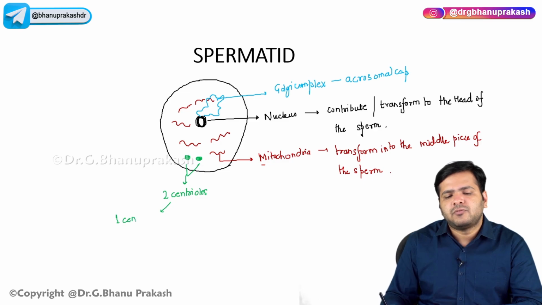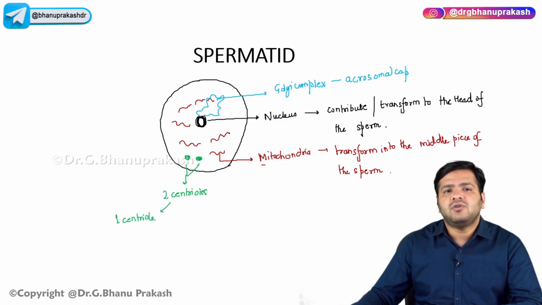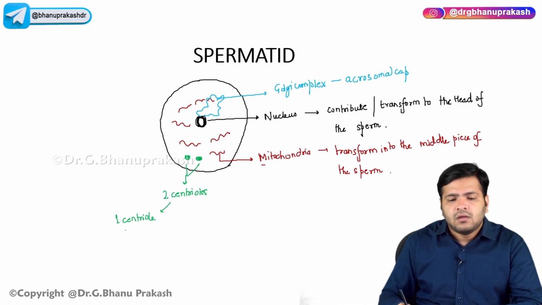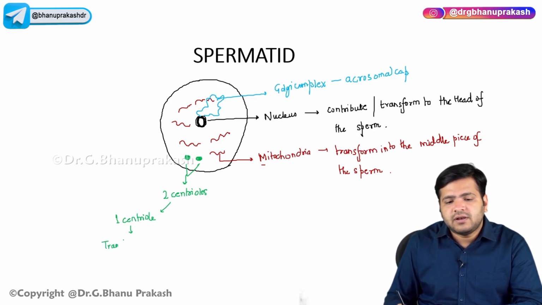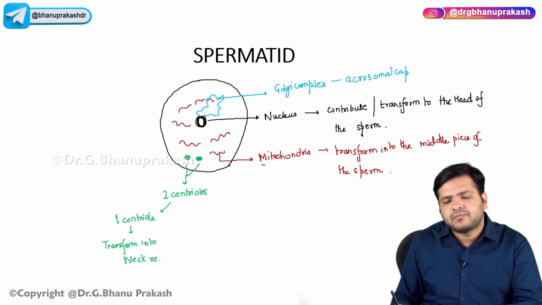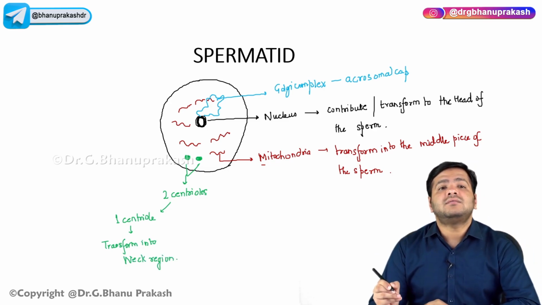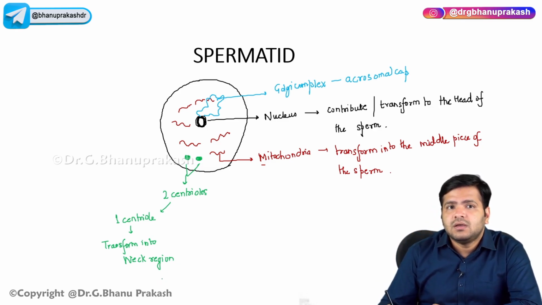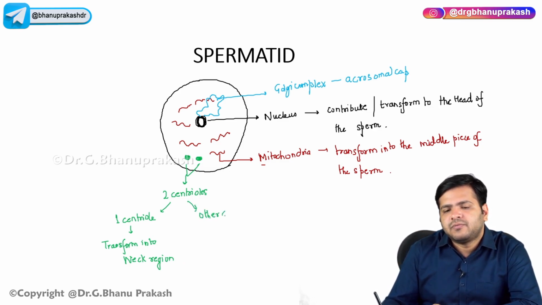Now, one centriole will transform into the neck region, while the other centriole will transform into the tail region, right?